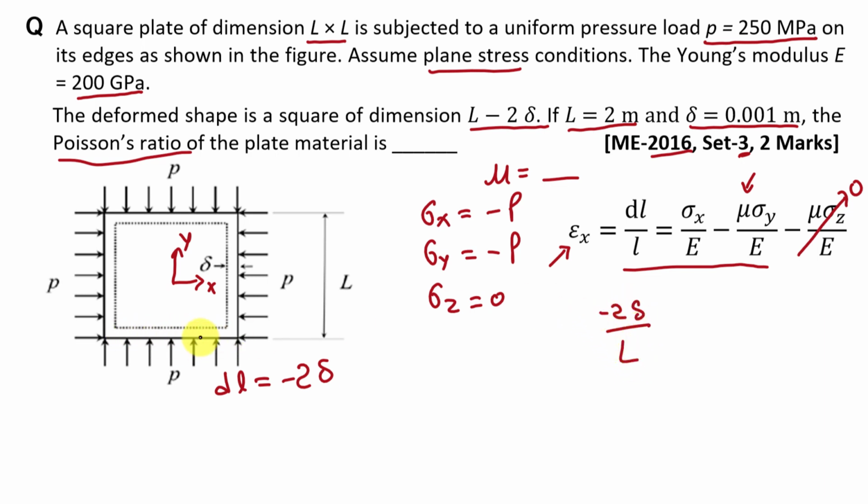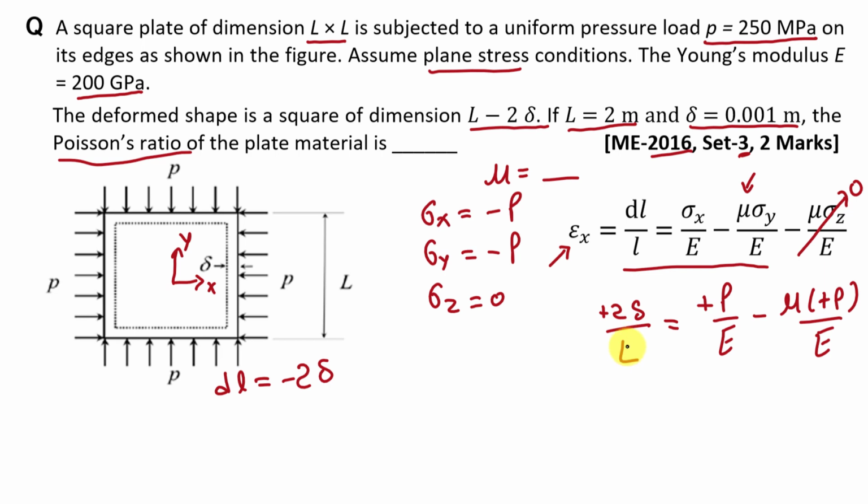Here initial length in x direction is capital L, fine, and it is equal to sigma x, that is minus p, divided by E minus mu into sigma y, that is also minus p, divided by E. Now here we will take this minus sign common from all the terms, so it will be plus, plus and plus, right?